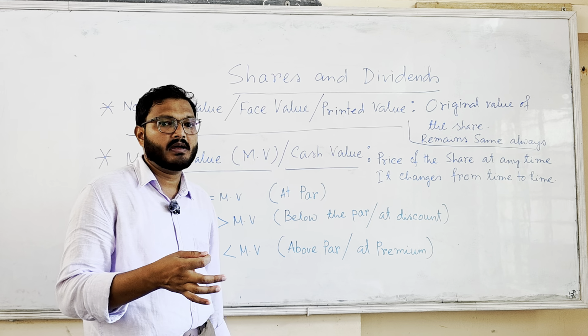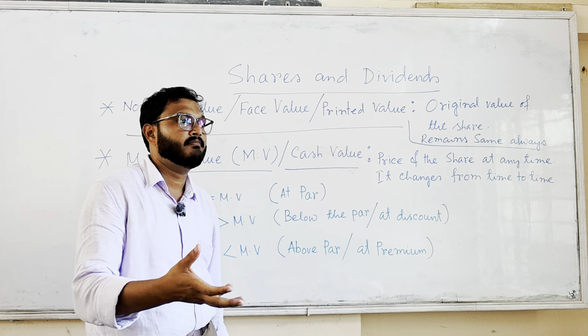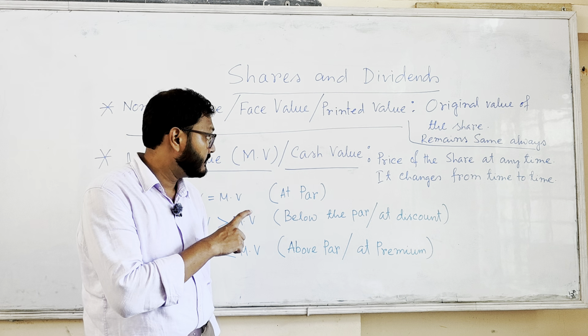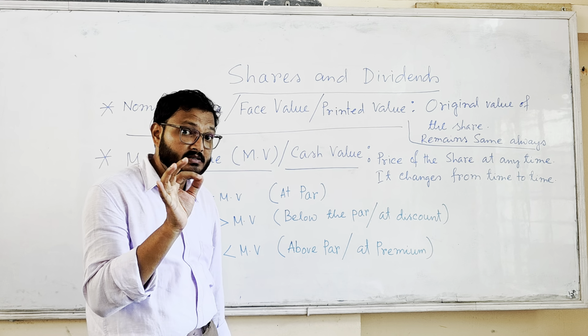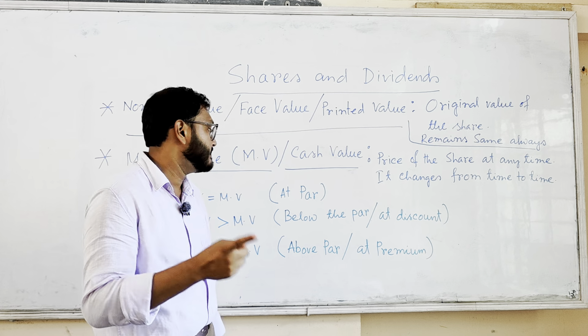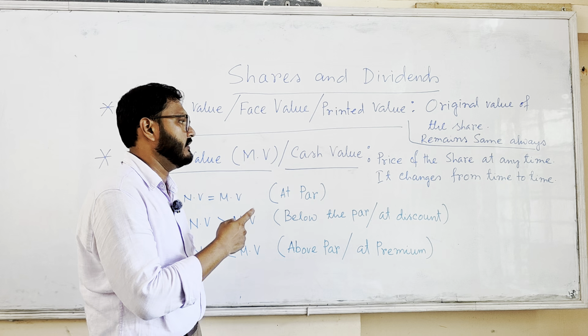Right now, when you are going to purchase, its price is 150 rupees. That is the price at which you are purchasing. That is called the market value or cash value.